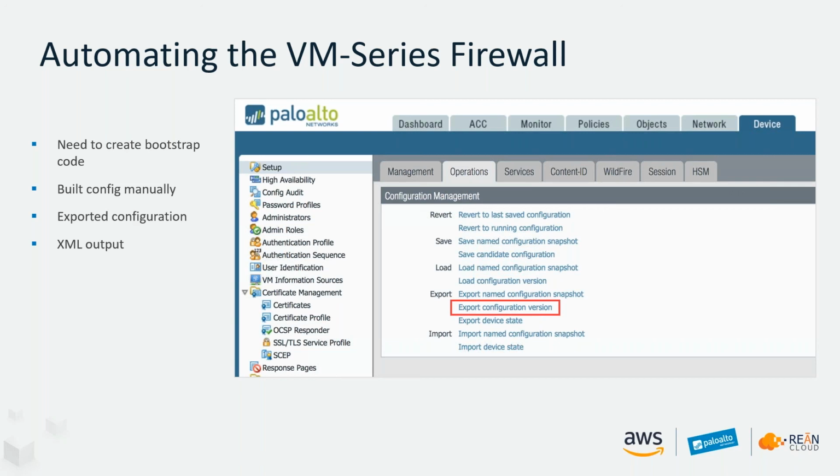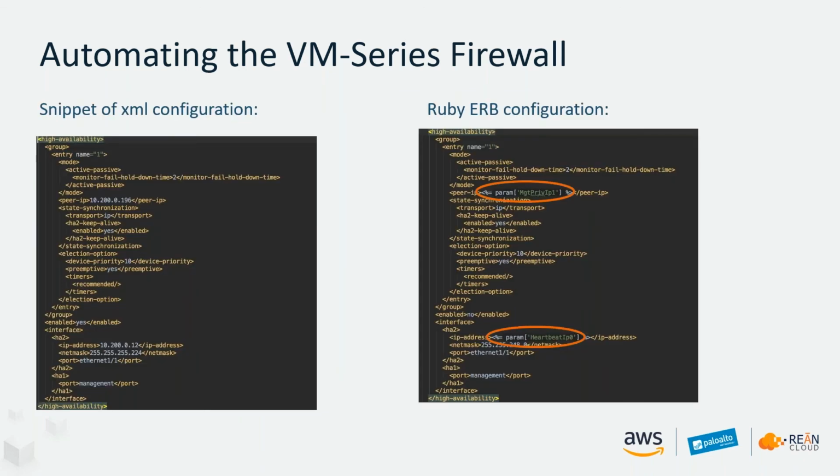And so here we've got a picture on the left-hand side of the output, and on the right-hand side we actually used Ruby ERB from a templating perspective to be able to define the parameters where those actual IP addresses would get pushed into.